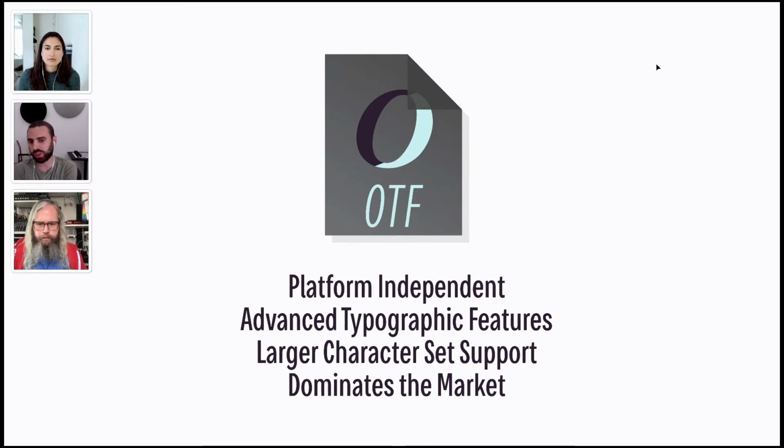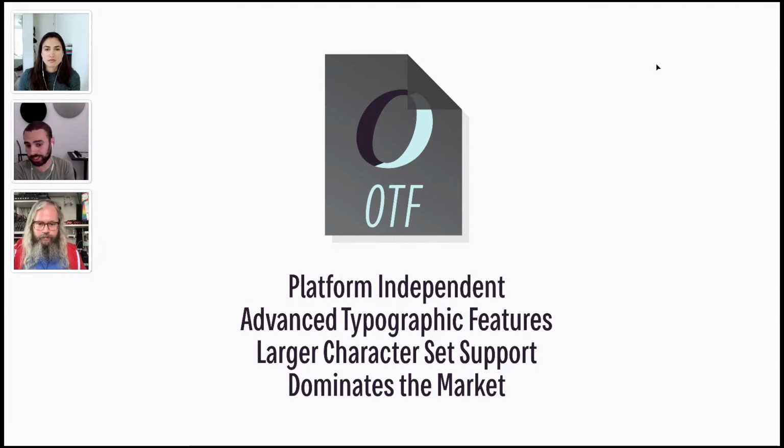It has support for advanced typographic features like contextual alternates, ligatures, and small caps. If you're familiar with OpenType features, that's what I'm talking about. It had a much larger character support, tens of thousands, compared to the 256 of Type 1, which is an incredible step forward.